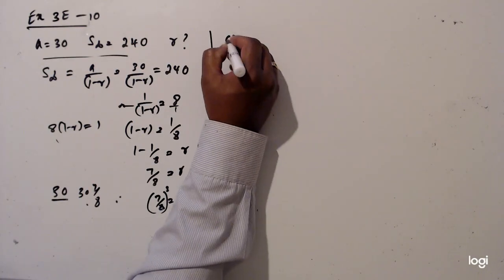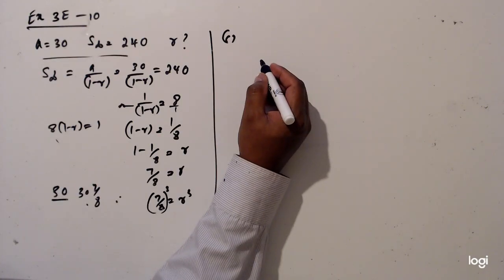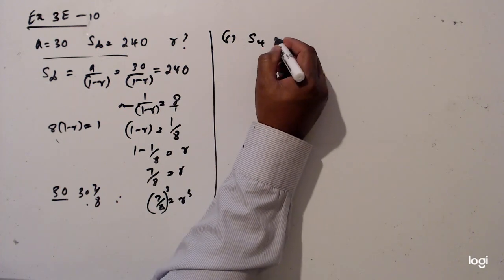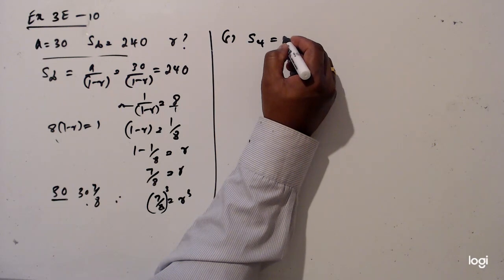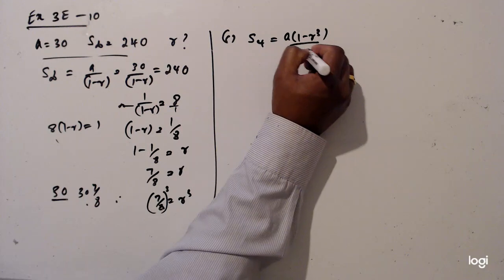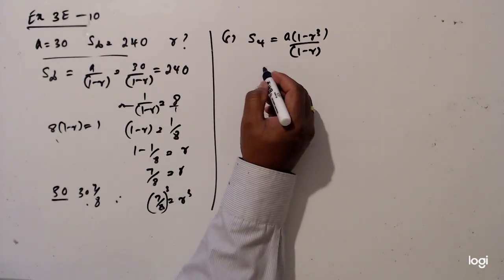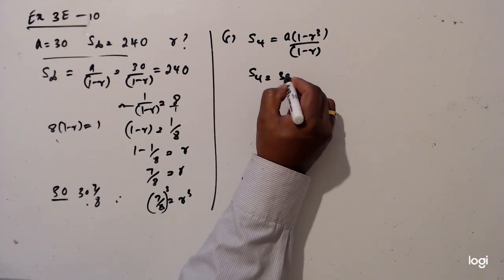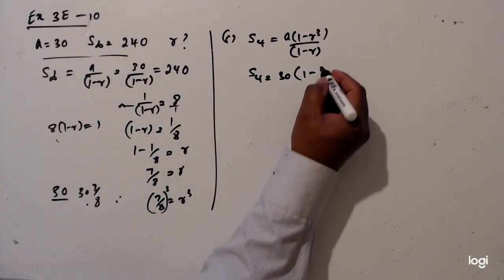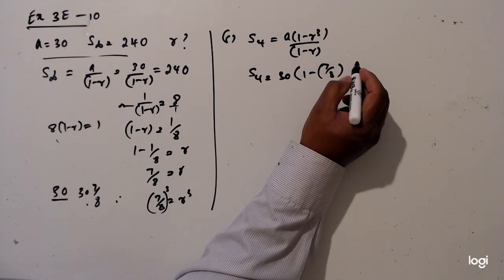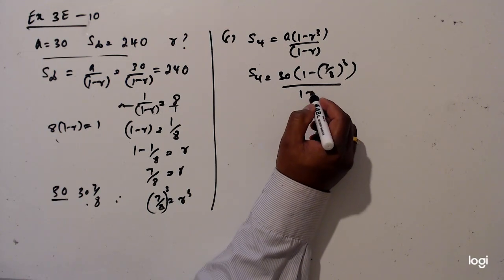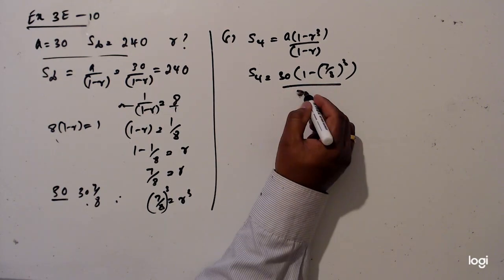part C, we want to calculate the sum of the first 4 terms, that is S4. S4 means a times 1 minus r cubed over 1 minus r. So S4 equals a is 30, 1 minus r cubed is 7 over 8 cubed over 1 minus r is 1 over 8.